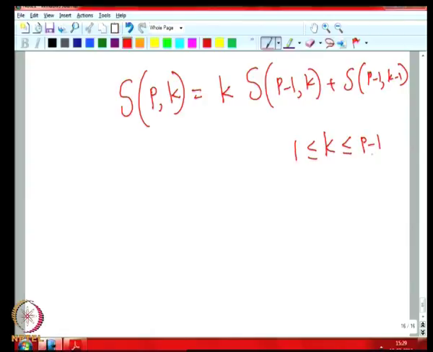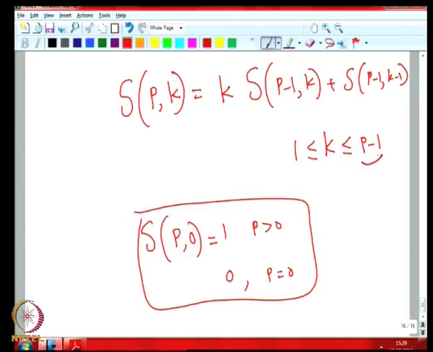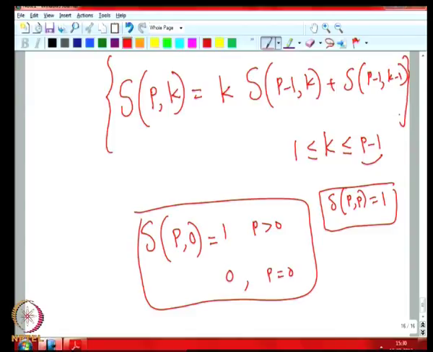We are not giving this recurrence relation for K equal to 0, because we have already defined it as the initial condition S(P, 0). Similarly, we are not giving it for K equal to P, because S(P, P) equals 1 is given as an initial condition. So for the remaining numbers, when K is between 1 and P minus 1, we claim this recurrence relation is valid.